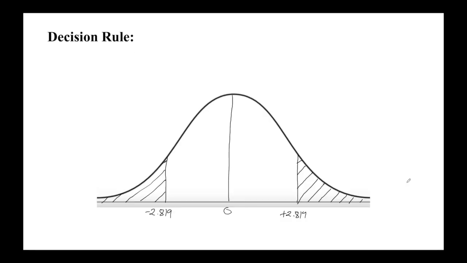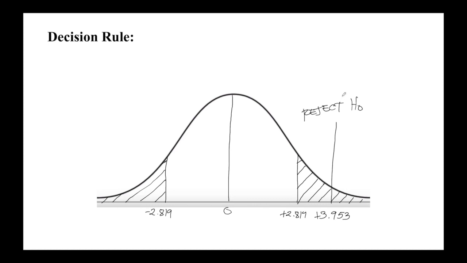And nasaan si 3.953? On the positive side. More likely, nandito yan. That is 3.953. And since sabi natin, this is a rejection region, and that is the region where our T computed actually falls, no? Nandoon siya sa loob nun. Therefore, our decision should be to reject the null hypothesis. So, reject ang null hypothesis.